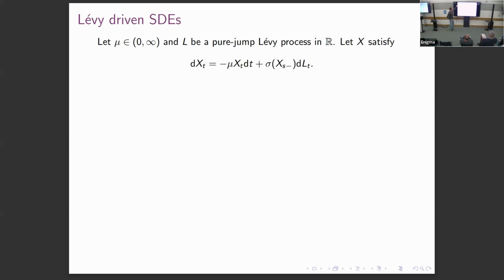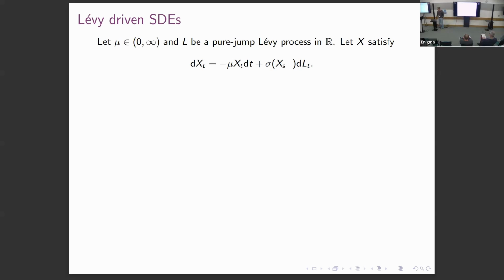And this is a Levy-driven SDE with some bounded but non-constant variance. And what's important, you see here, this is an OU type drift. So if you add Brownian noise, you get an invariant measure that's similar to normal, and the rate of convergence is exponential.